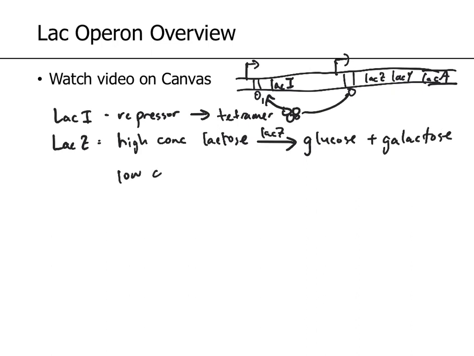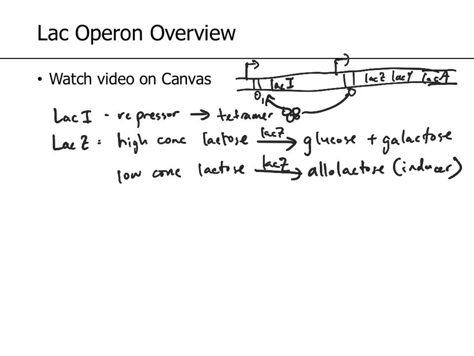But at low concentrations of lactose, LacZ will change it to allolactose. This is our inducer molecule, which will help turn on the genes. And then finally we have LacY, which imports lactose from the environment.